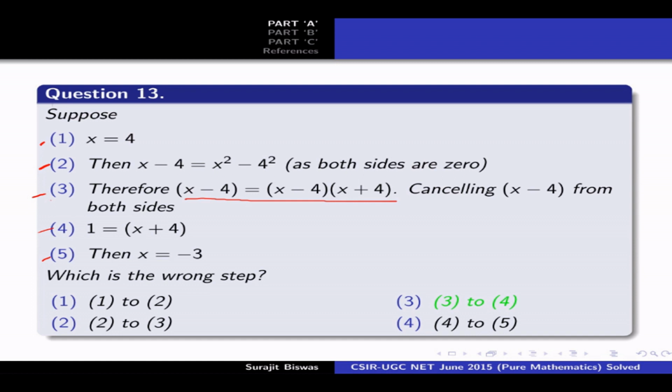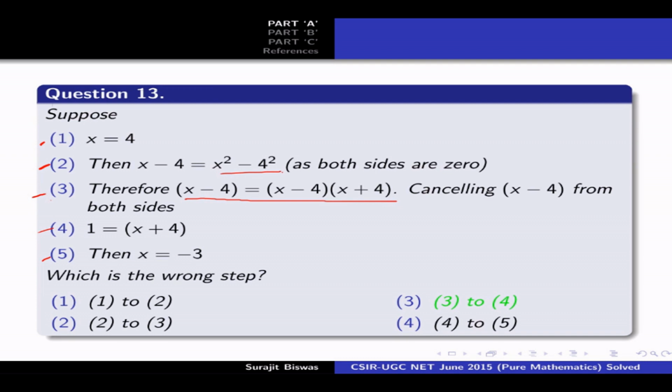So you see, step 1 implies 2 can be done because x equal to 4, and 2 implies 3 can also be done because basically we are factorizing the x square minus 4 square in step 2.